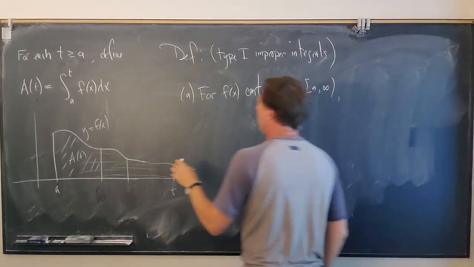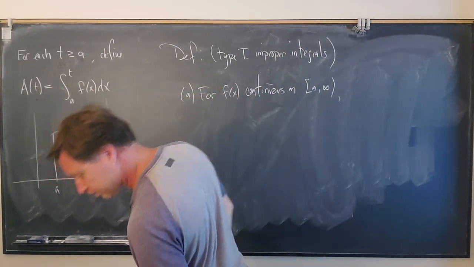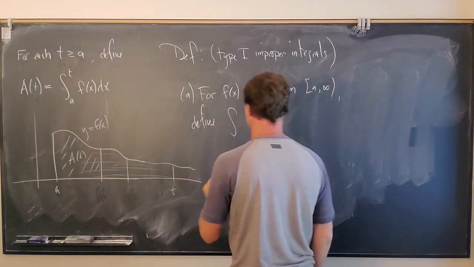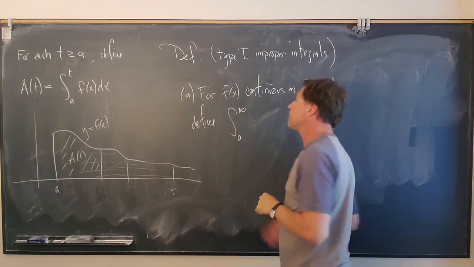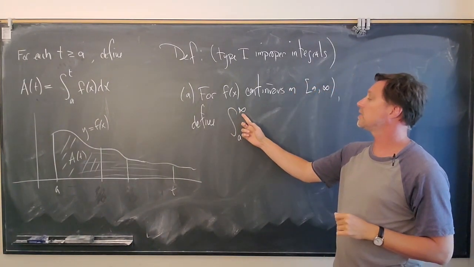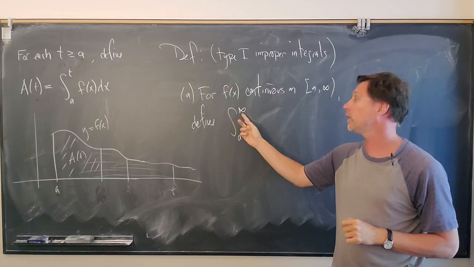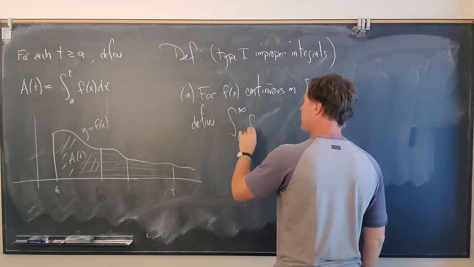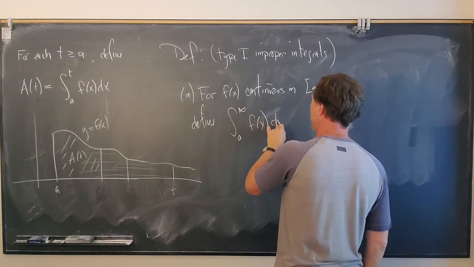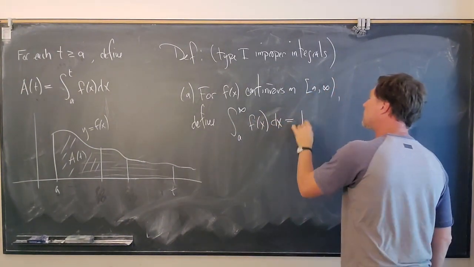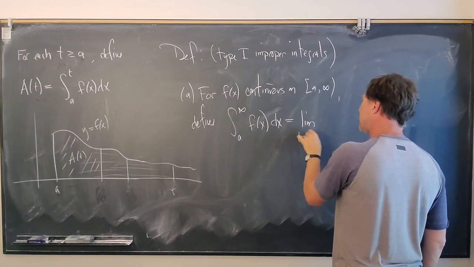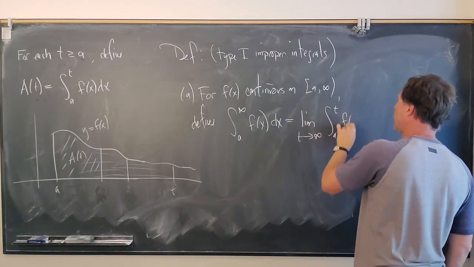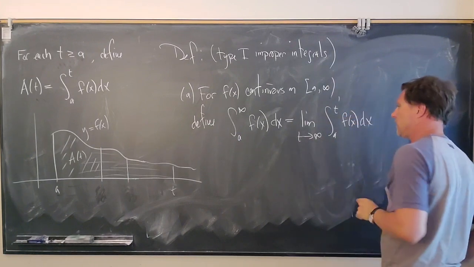So we're going to define the integral from little a, and now this is the first time that we've seen this. Instead of an actual number here, we're putting the symbol infinity. So we're going to define the integral from a to infinity of f of x dx. By definition, this is the limit as t goes to infinity of the integral from a to t of f of x dx.